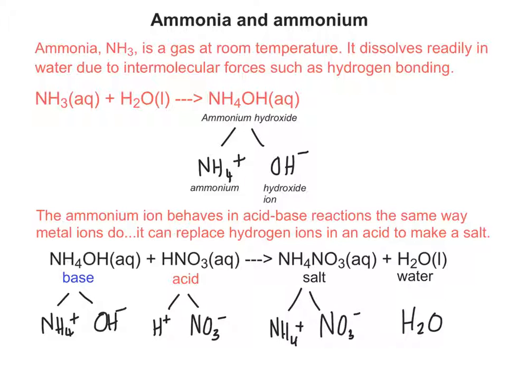So you can see clearly that the NH4+ has replaced H+ in HNO3 to form ammonium nitrate, or NH4NO3. So if I was to highlight the nitrate ions, you can see that H+ is gone on the right hand side of the equation and we've got NH4+ instead. And we have the same ionic equation as we had before for other neutralisation reactions.